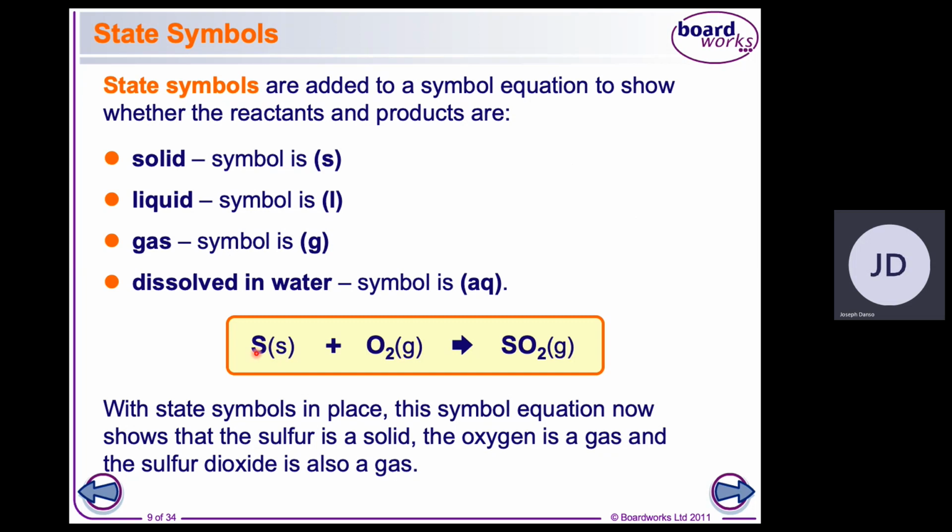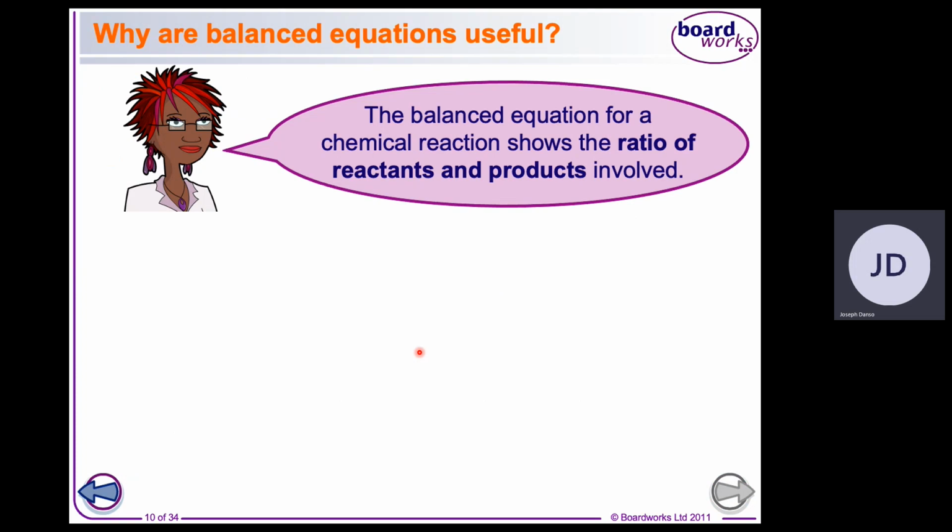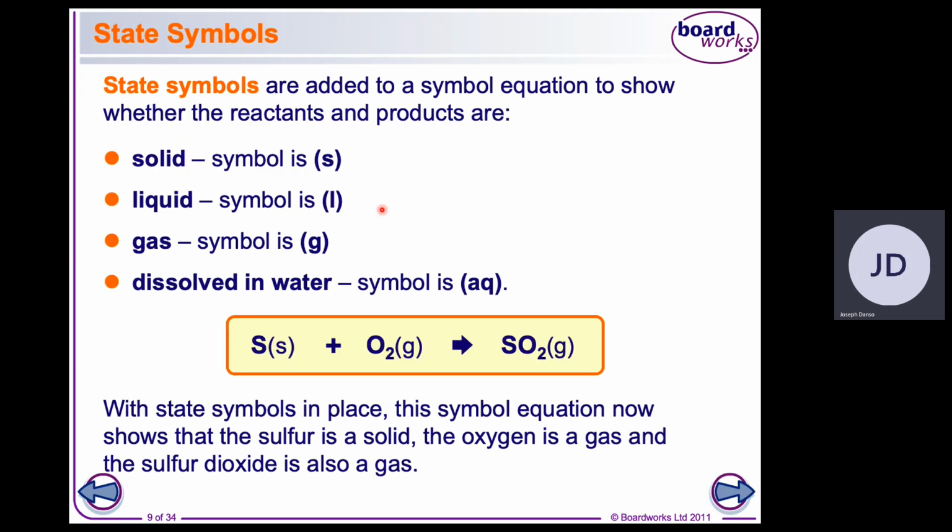Because the sulfur is a solid, we have S in bracket in front of it. The O2 is a gas, so we have G in front of it, and the SO2 also has G, which indicates that it is a gas. Okay, so we'll pause here, and in our next video, we will look at half equations.